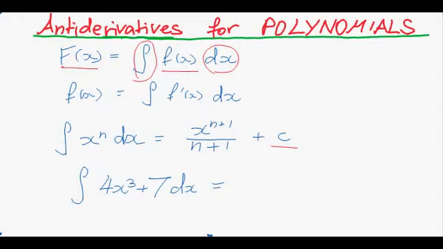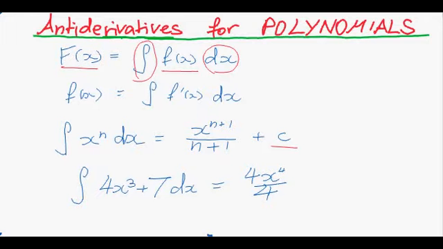So it goes like this. You say, alright, 4 still stays as 4. Now x is to the power of 3, so you want to increase the power by 1. So now we've got x to the power of 4. Divide by the new power, which is 4. Gee, we've got a lot of 4s here. Not good if you're Chinese and superstitious. Alright, so there's that part.